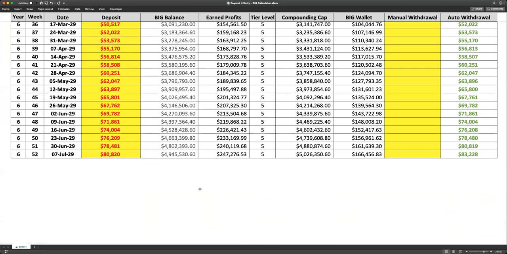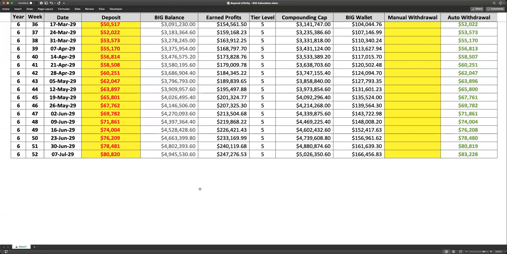Now, with just one $250 contribution, just one, and setting your threshold at 1,000, your big balance is now almost $5 million. I know that's hard for some to believe, but this is math.